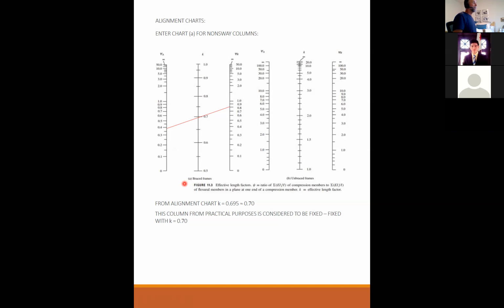The stiffness of the beams is E times I over L, the length of the beams. And then you divide one by the other, and you get a psi value at one end, a psi value at the other end, draw the line between them, and where it intersects the vertical axis, that is your K value. And that's as far as we've gotten so far.